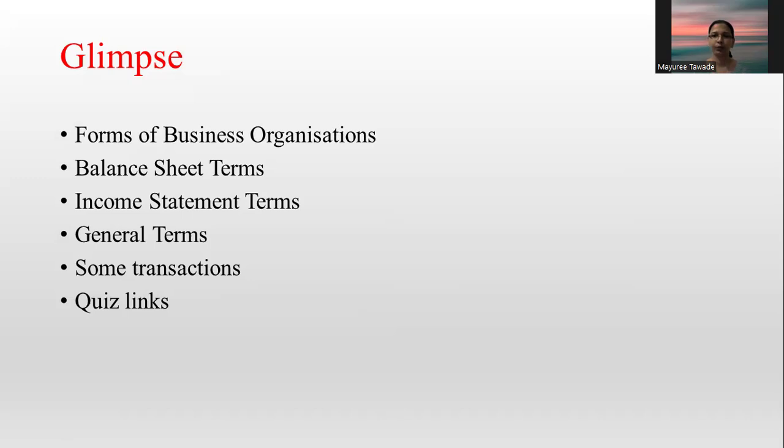Now we are going to move towards the balance sheet terminologies, income statement terminologies, then some general statements, and some transactions for reference: how you're going to understand the transactions, how you're going to read them, how you're going to solve them. Then some quiz links, which I shared in my previous video also, and in this video also I'm going to share 3 links. So let's start.